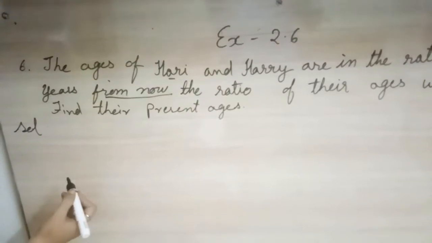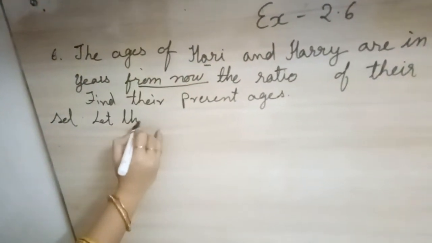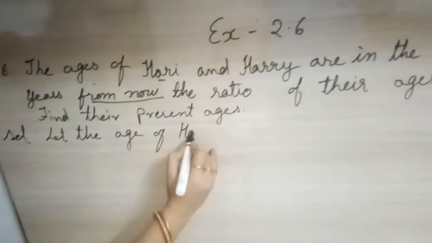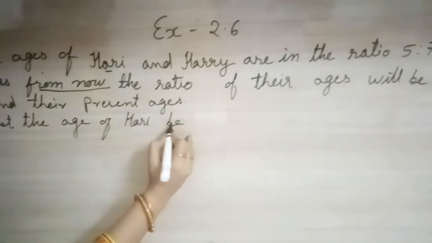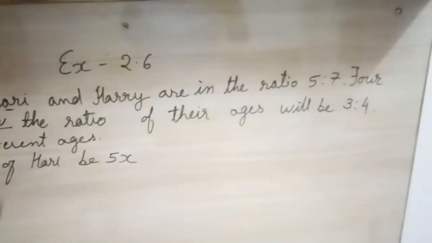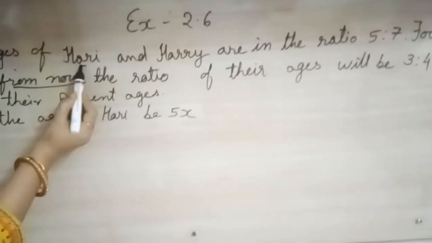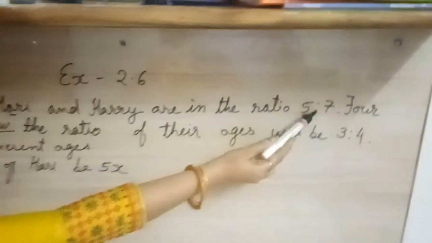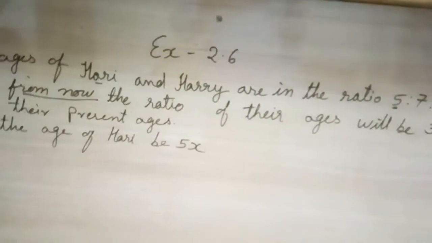If I take a constant variable x, then let the age of Hari be 5x, because the ratio is given. In a ratio, always remember the first one they take, suppose they take Hari and the ratio is 5, then 5 will represent Hari. And to remove the ratio, we always take one variable, let it be x. You can take any variable.